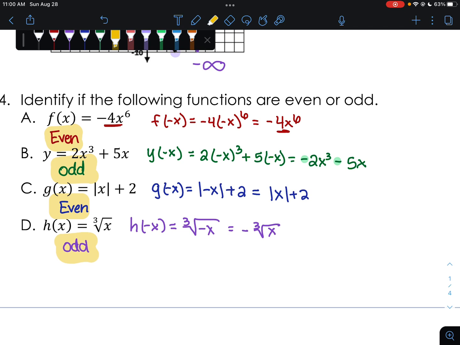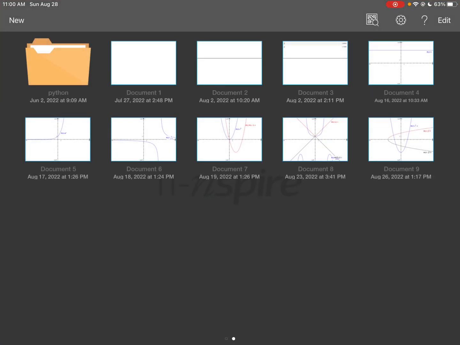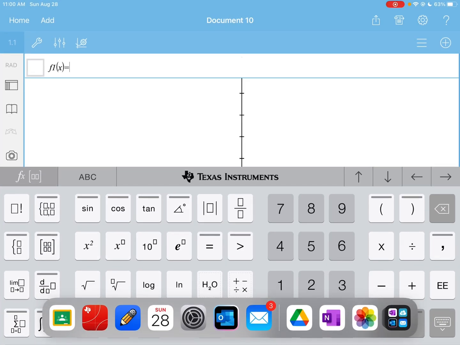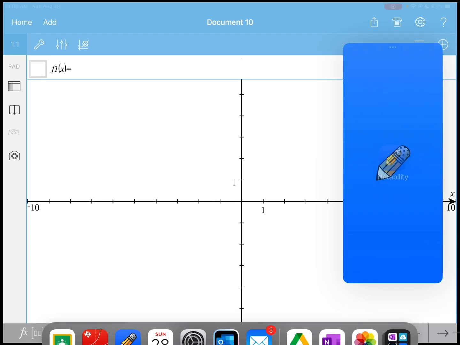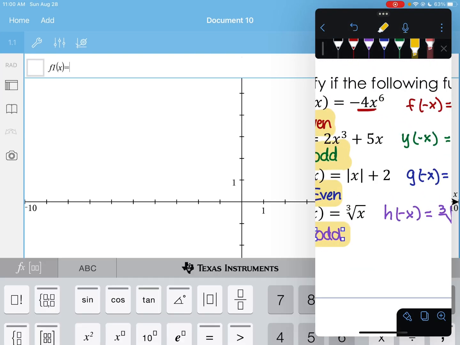So now I'm going to show you graphically so you can see the difference between even and odd functions. So if I go to my calculator and I start with a brand new graph, I am going to type in that first one that we had, negative 4x to the 6th.